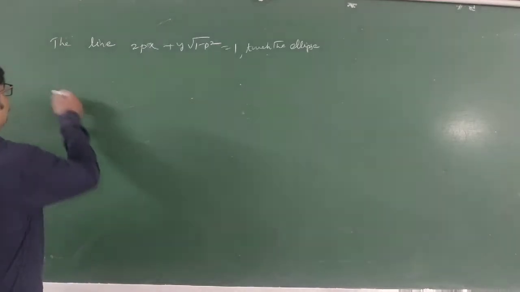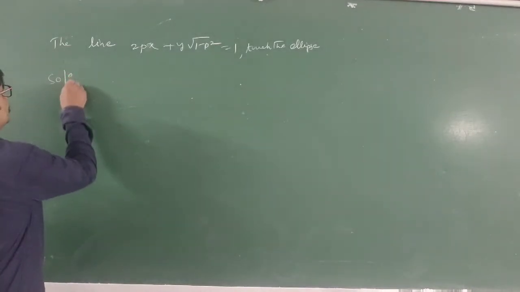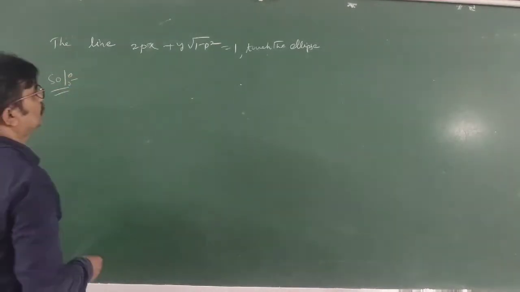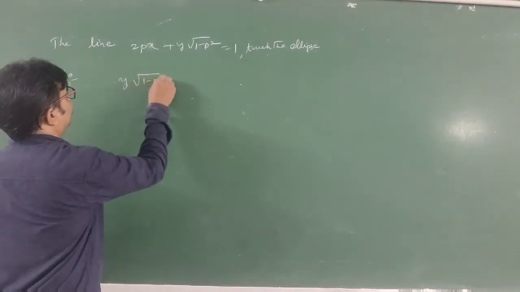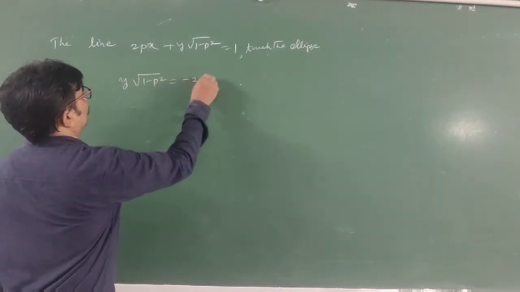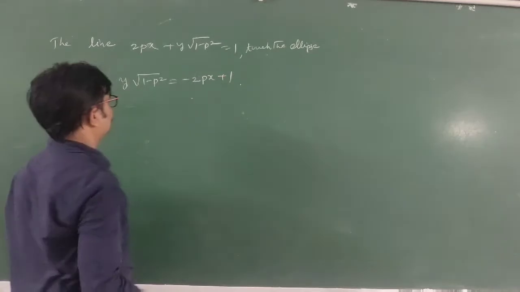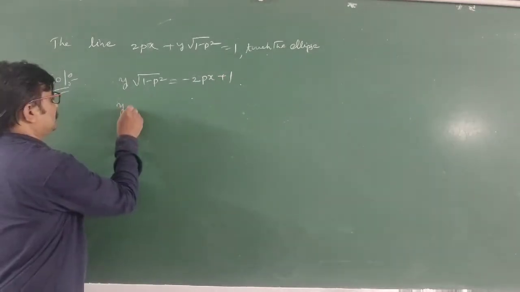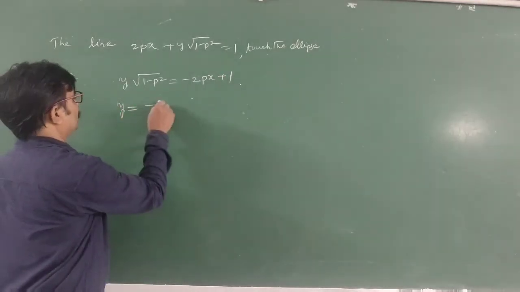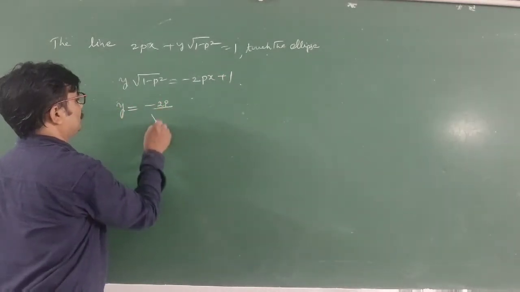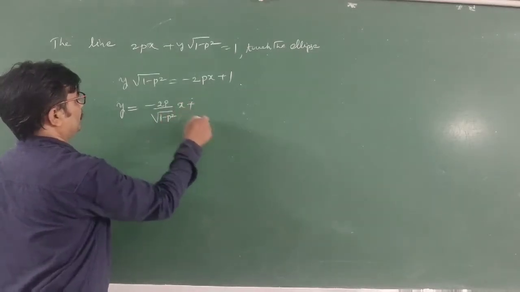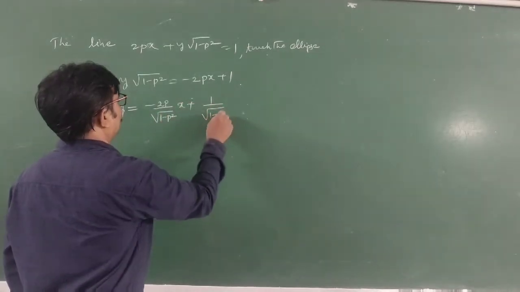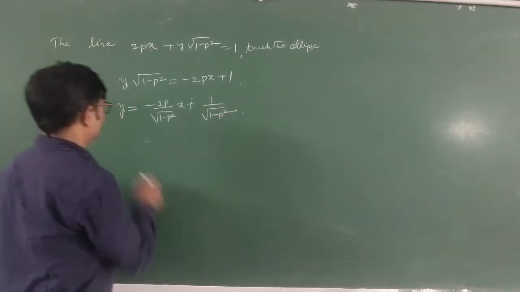My dear students, here first we take y equal to root of 1 minus p square... minus 2px plus 1. So students, y equal to minus 2p by root of 1 minus p square into x, plus 1 by root of 1 minus p square.